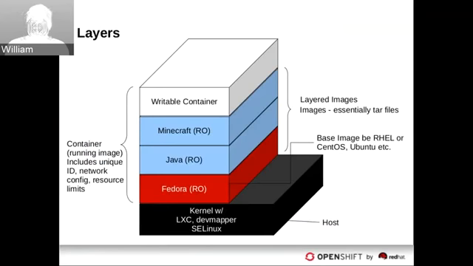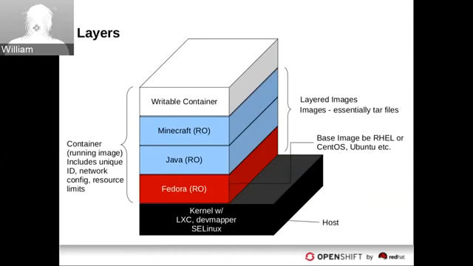There's some subtleties around that we'll get into in a moment. But for the most part, think of these as there's a Fedora layer image, there's a Java layer on top of that, there's a Minecraft layer on top of that, and then when you run your image and it's a running container, the top part of the container is the only part that's writable. So that way you can edit files, or you can update your Minecraft image and add plugins or whatever.